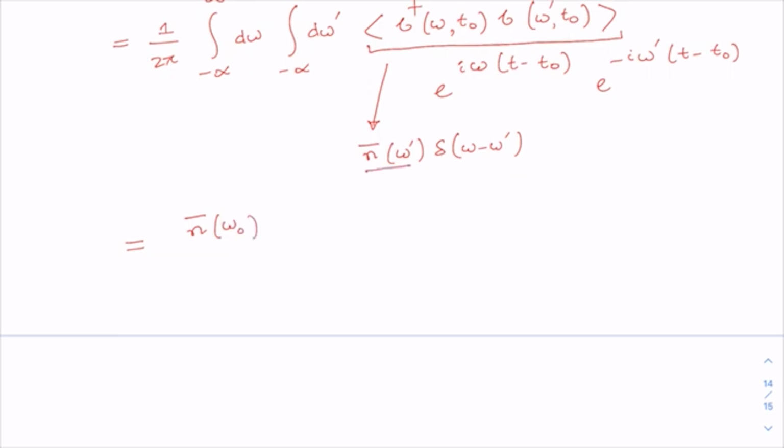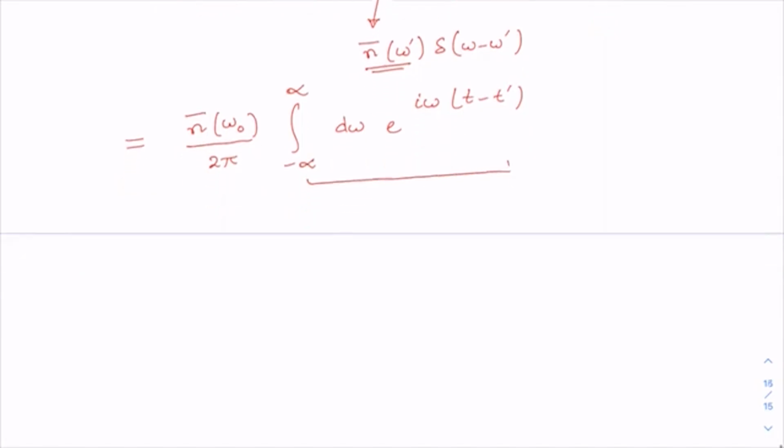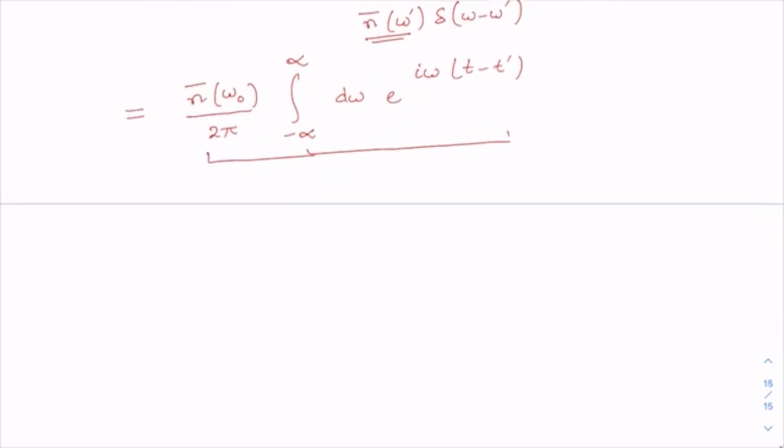So then I can take this out, and I have n bar omega 0 divided by 2 pi, integration minus infinity to plus infinity d omega e to the power i omega t minus t dash, and you know this is nothing but the delta function, along with 1 by 2 pi. So this would be n bar of omega 0 delta t minus t dash.